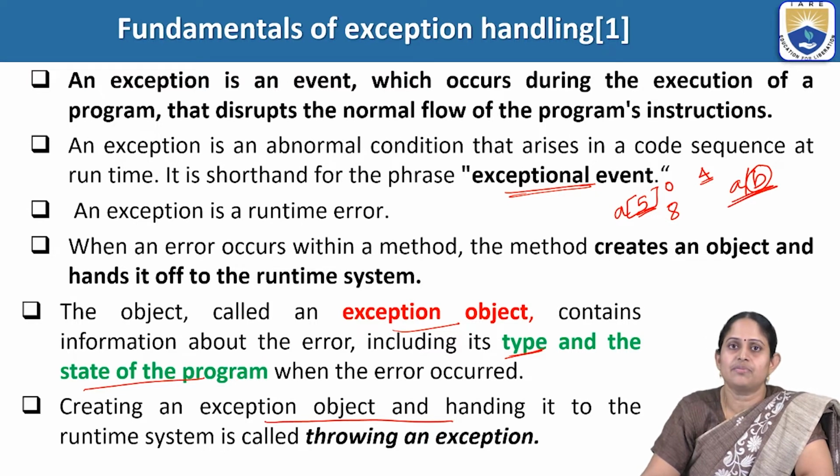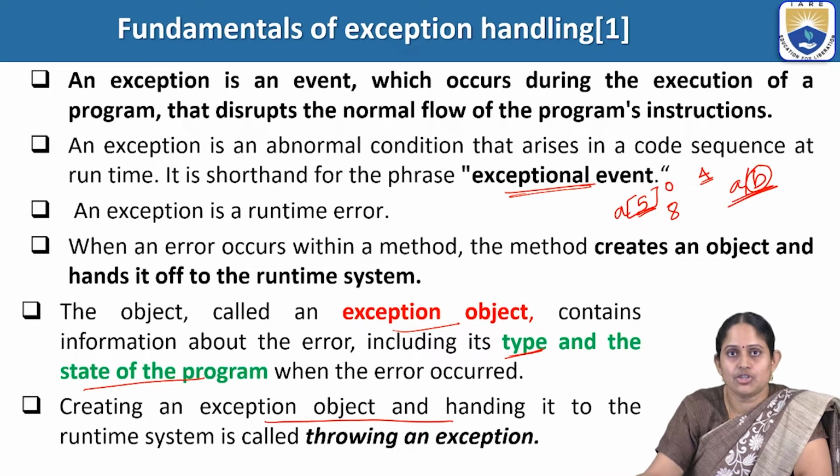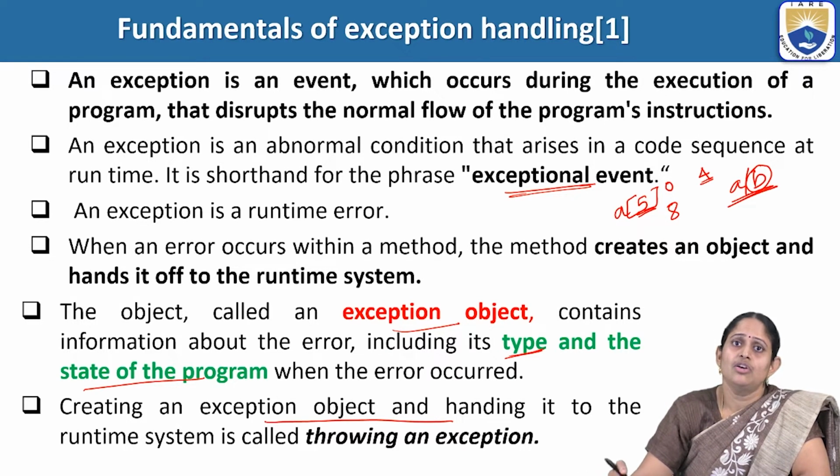Whenever an exception is thrown, it will stop the execution of that particular program, so we don't get continuity of execution. This is one of the major issues faced with such errors.